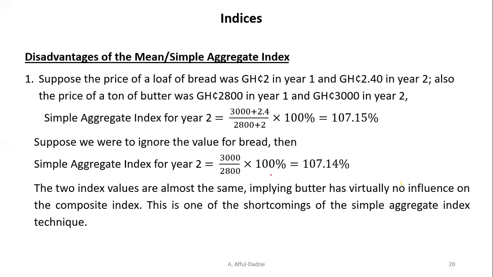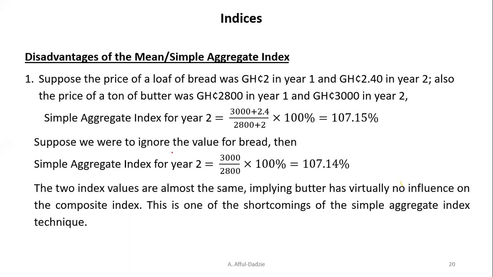You notice that yes, we would put this information together, however, it doesn't really tell the actual change. Between 2,800 and 3,000, that's a 200 cedis change. 2 and 2.40 is like a 40 pesewas change. Now, a change as low as 40 pesewas and a change as huge as 200 cedis are not the same.